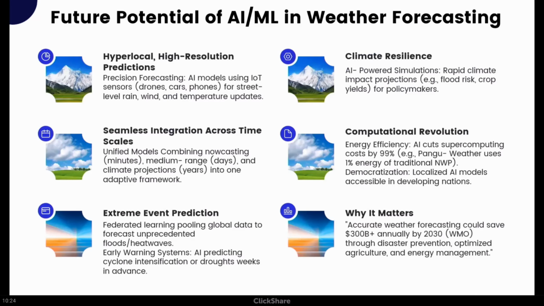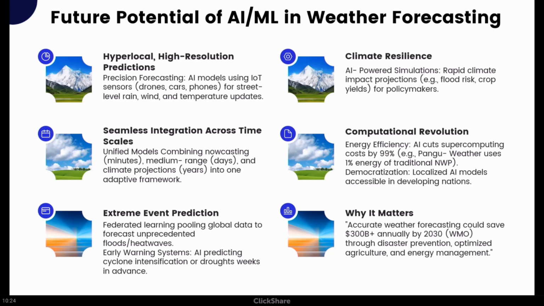But what can we achieve using AI/ML? In future, hyperlocal or high resolution predictions. Nowadays, global models go maximum up to around 6 kilometers, and regional models can go up to 1 kilometer or maybe sub-kilometer.